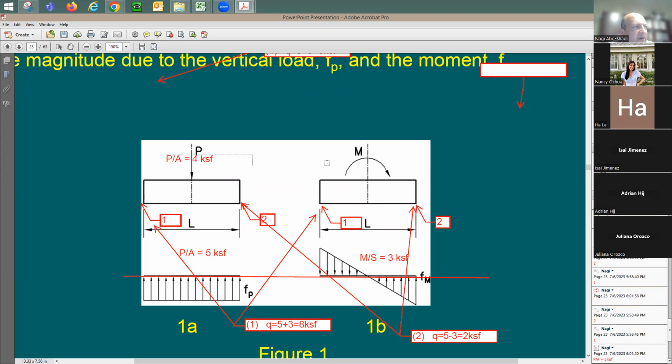And M over S is equal to 5 KSF. Then we figure out the stress at 1 and then the stress at 2. The stress at 1 is going to be 4 plus 5. It's going to be 9 KSF.